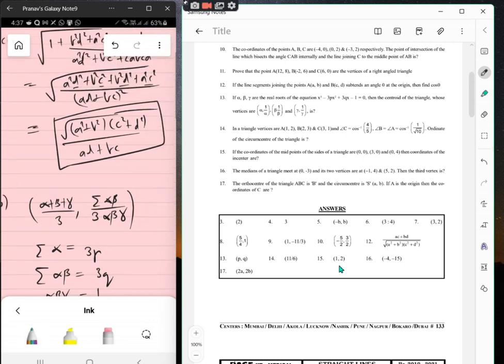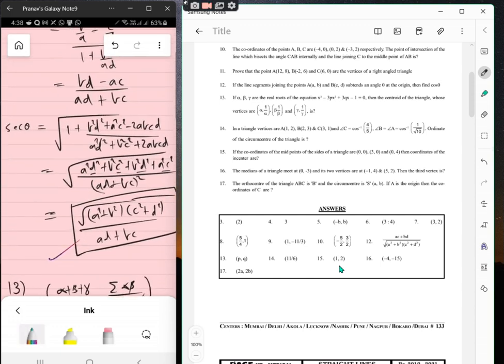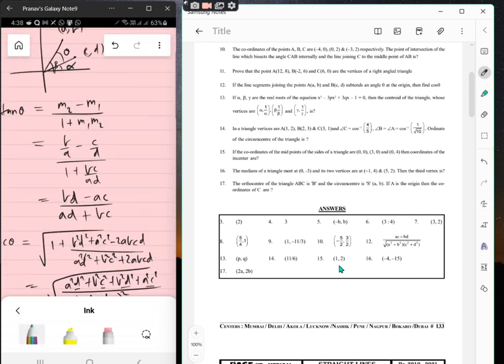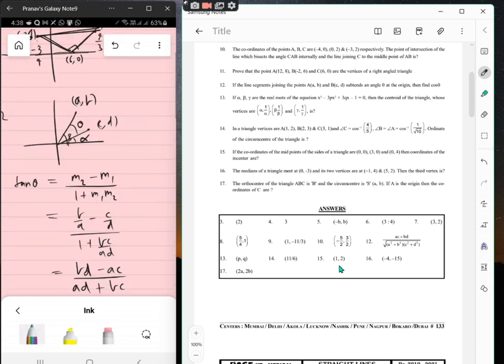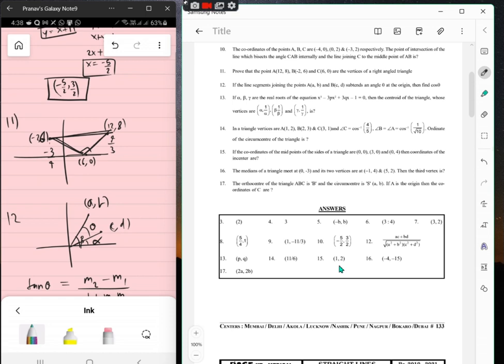Then this value. Oh, this is sec alpha. So cosine alpha should be the reciprocal of that, of course. So yes, it is correct. Sec theta, the same thing. Then you got 11th. No 11th because it's a proof, I think.